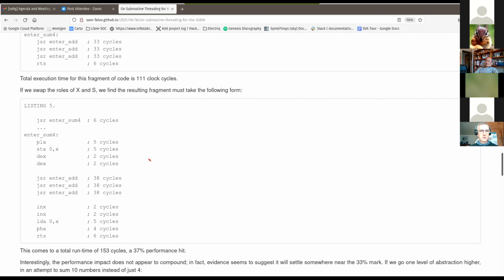And as code would run, you would always see exchange SP-BP, exchange SP-BP. So the role of the hardware stack pointer would change. It would alternate between return stack and data stack. If the 65816 had such an instruction, I think this could probably be a reasonable implementation. But since it doesn't, we have to manage all of this stuff in software.